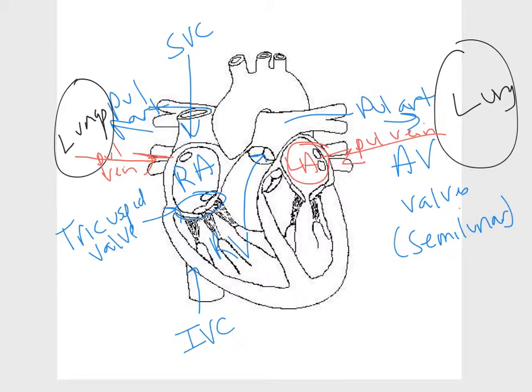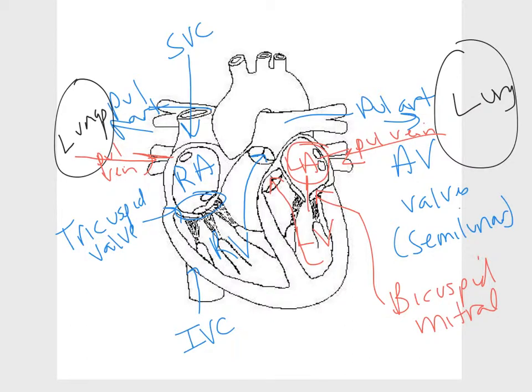And the left atrium pumps through another valve right here. This valve is called the bicuspid or the mitral valve. And then the blood goes into the left ventricle. And the left ventricle pumps a mighty pump, and the blood goes through the last valve.